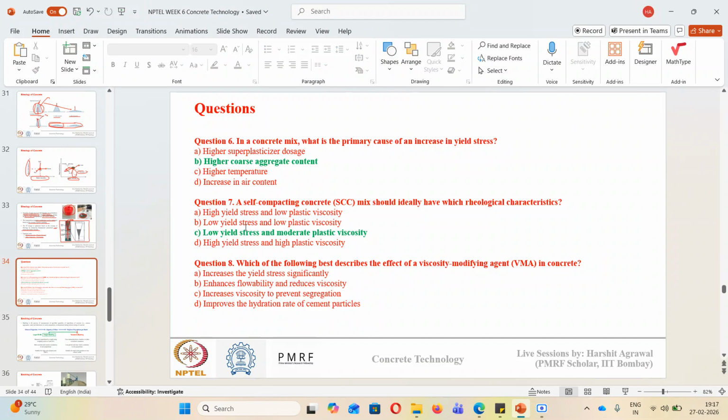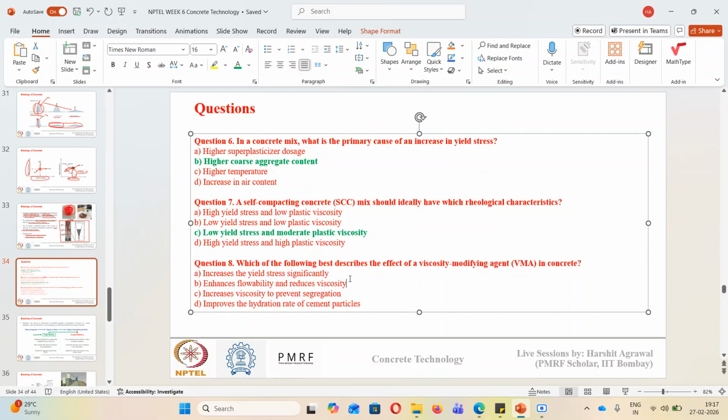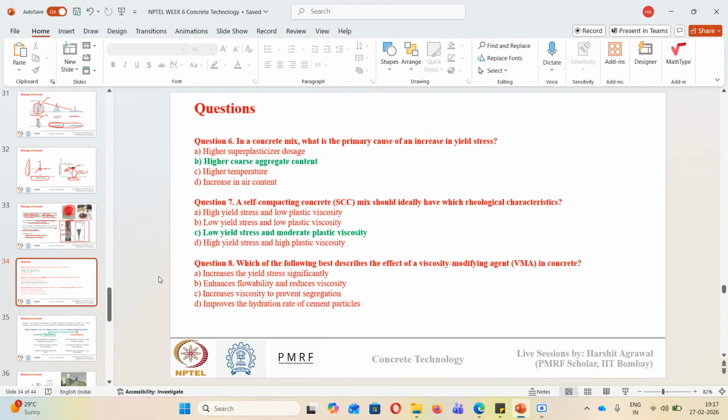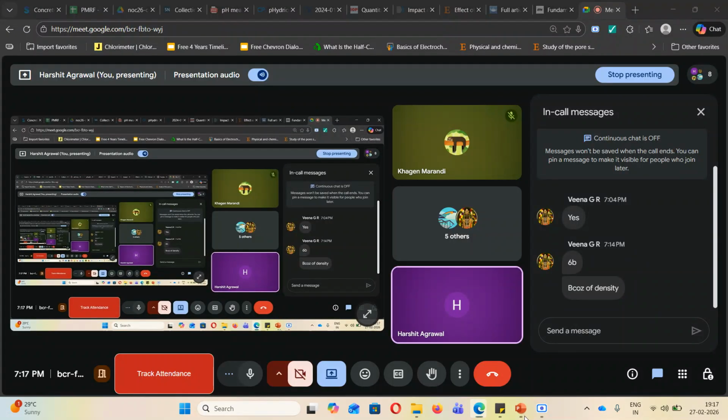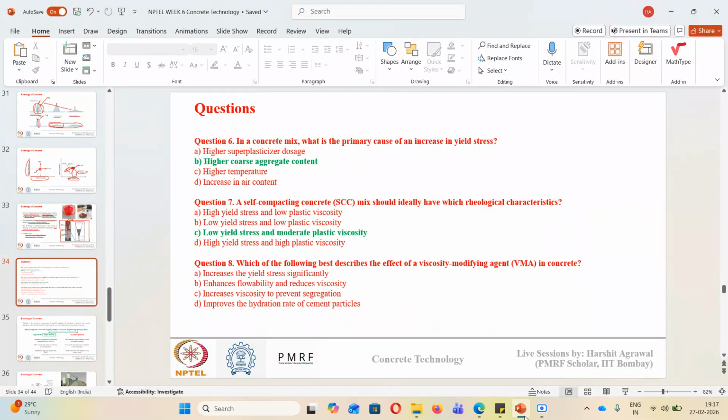Now, question number 8. Which of the following best describes the effect of viscosity modifying admixture in concrete? What does a viscosity modifying admixture do in concrete? Can anyone tell me the answer for question number 8?